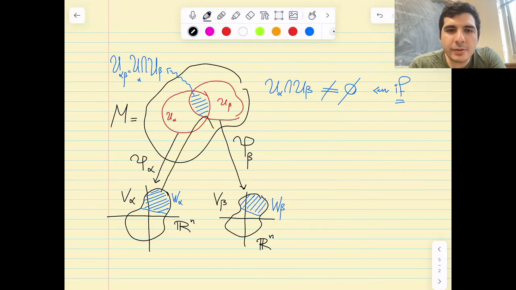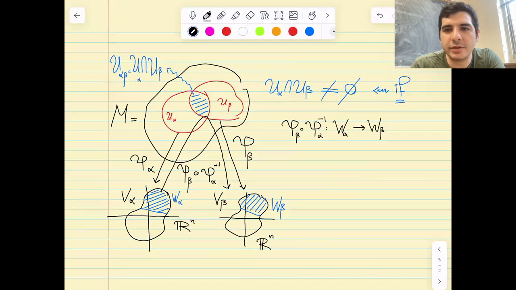Now we can compose these maps to send W alpha to W beta. First, we go back along phi alpha, it's like phi alpha inverse, and then we apply phi beta. So phi beta composed with phi alpha inverse is a map from W alpha to W beta. So I would say my manifold is smooth if all these compositions are smooth, right? That's the last part of the definition.